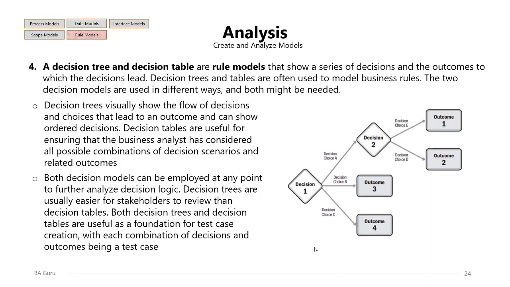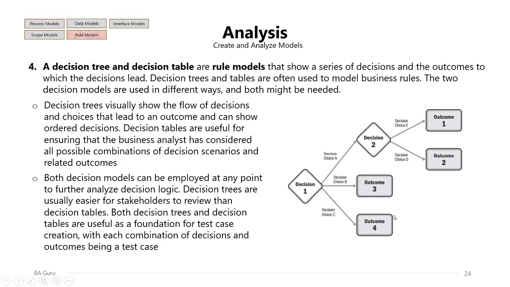Here is an example of a decision tree. If you are familiar with risk analysis, decision tree analysis is one of the most popular techniques we use while analyzing the project risks. Here is decision 1 with the expected outcomes. If you select decision 1, you will have choice B or choice C. If you went with choice A, you will have another decision which will lead to outcomes 1 and 2.